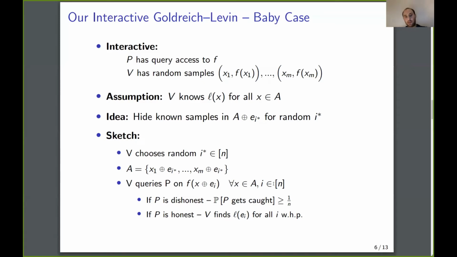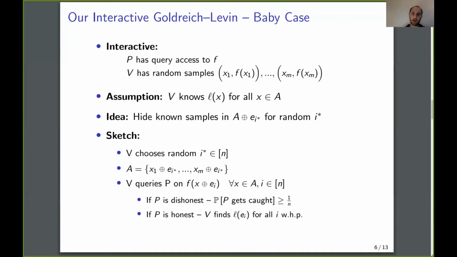And the claim is that if P is dishonest, if P lies about even a single evaluation of f, then it will get caught with probability at least 1 over n. Why is that? Well, because i-star is a completely uniformly random index. And so the probability that the prover lies on a query that belongs to A plus e_i-star is 1 over n. The prover doesn't know what i-star is.